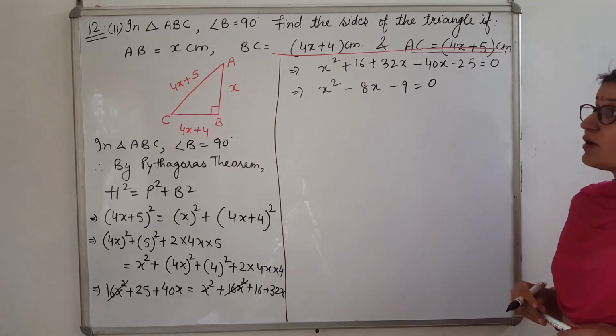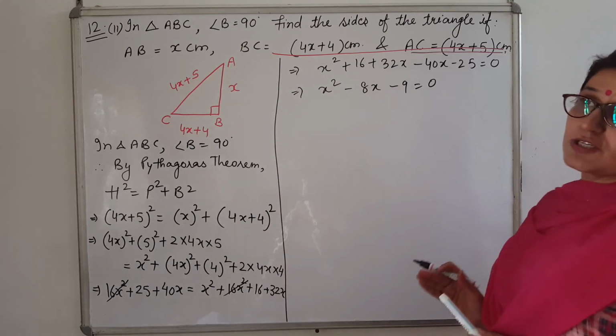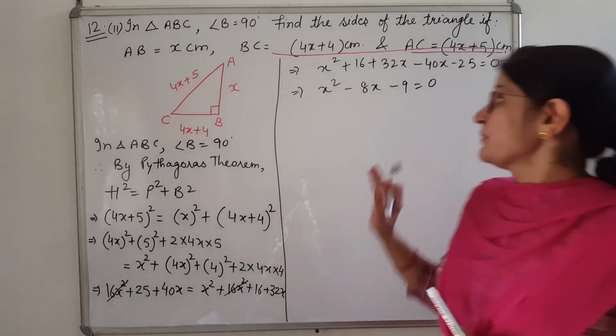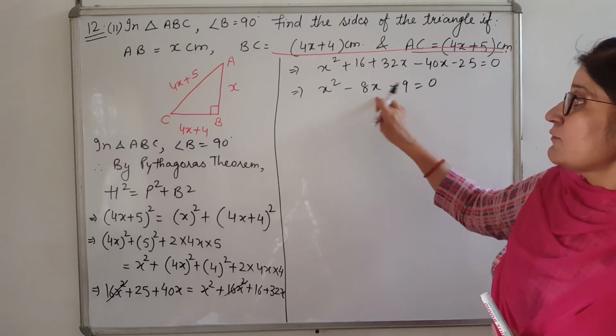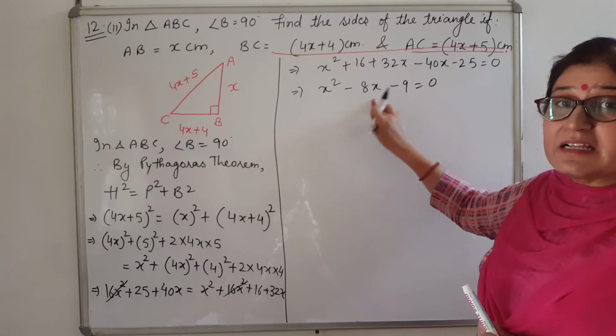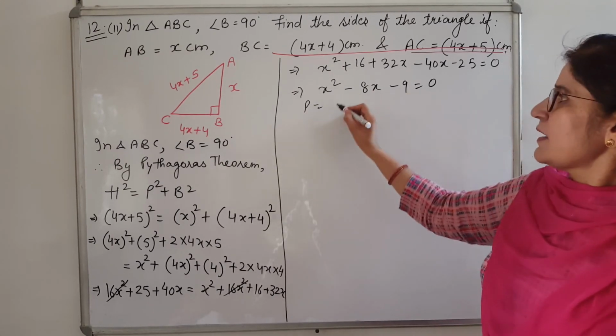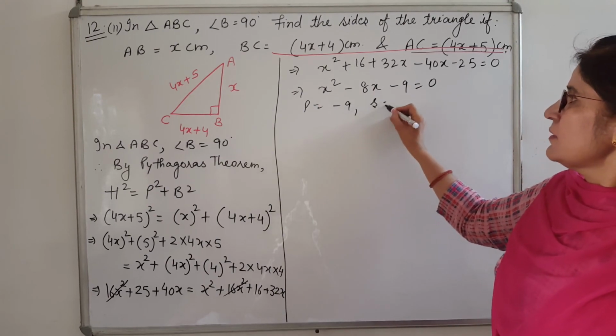Now here we have what? A quadratic equation. In 5th chapter in factorization, if you remember, we factorize a trinomial by splitting the middle term. So here product is minus 9, sum is minus 8.